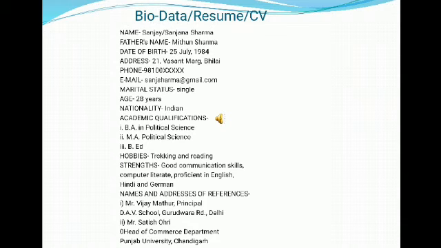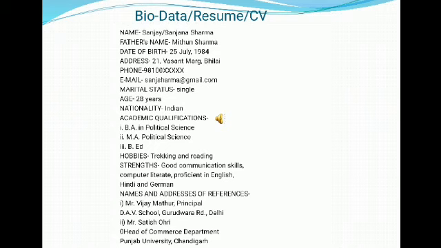And then the applicant's email is mentioned there, Sanjay Sharma @gmail.com. Then marital status, that's single. Then age, in the form of years, is noted down, 28 years. Nationality, that's Indian, it's there.